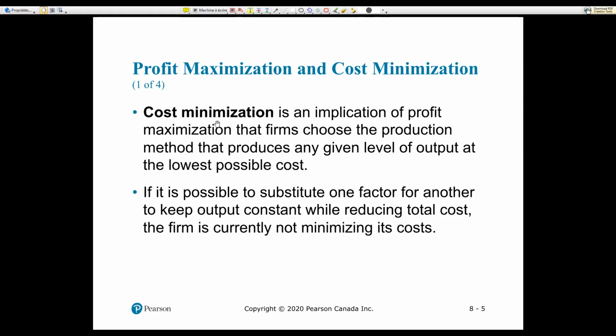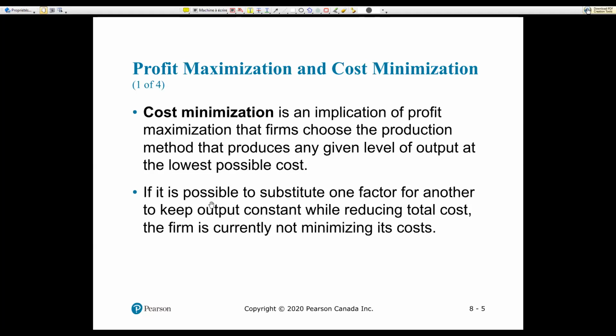Yeah, okay, so what this is saying is, what I'm going to do essentially is decide, okay, this is the amount I want to produce, and given that amount, what is the best combination of capital and labor, for instance, to produce it.